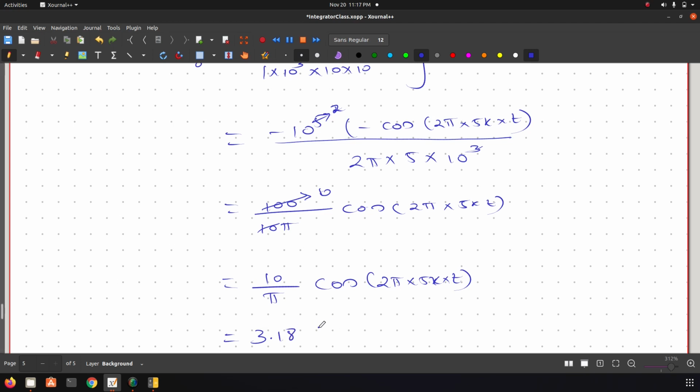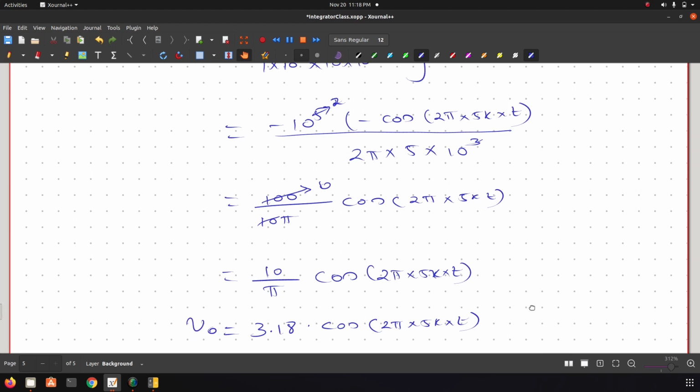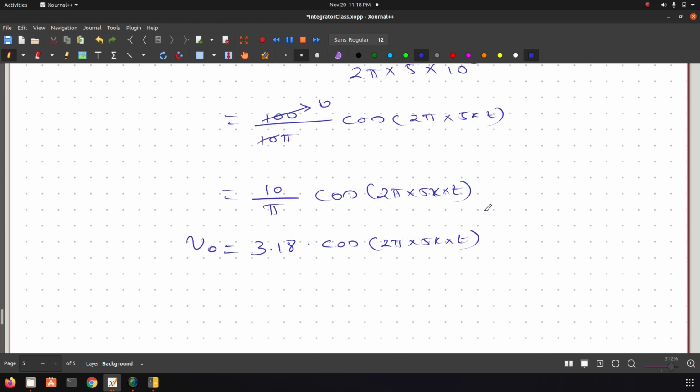So this is the amplitude and this is the signal, our output. If we plot this, time versus voltage, let me draw the input in red color.